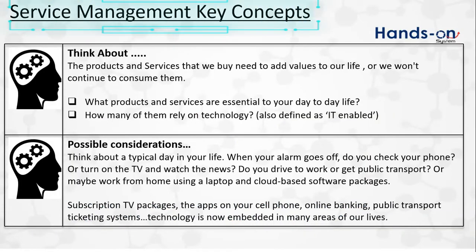Talking about the service management key concepts, what we need to think about first, and I hope this icon would make sense: the products and services that we buy need to add value to our life, or we won't continue to consume them. Talking about a small bicycle, when in school time you used to have it, what was the basic requirement behind that?